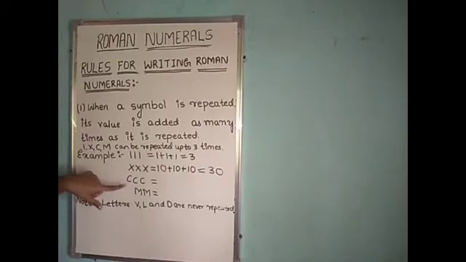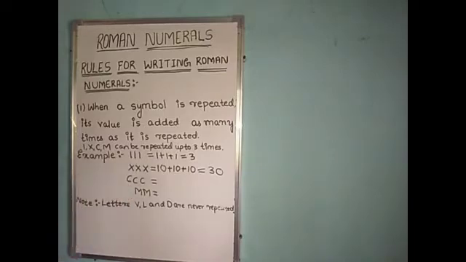Next, how many times is C there? 3 times. What is the rule? When a symbol is repeated, its value is added as many times as it is repeated. Here C is repeated 3 times. So, we have to add the numeric value of C 3 times.